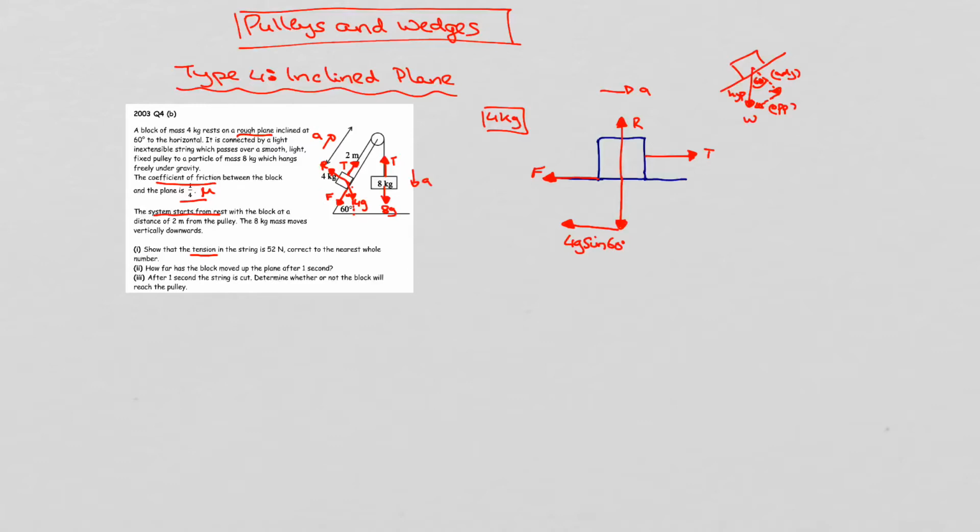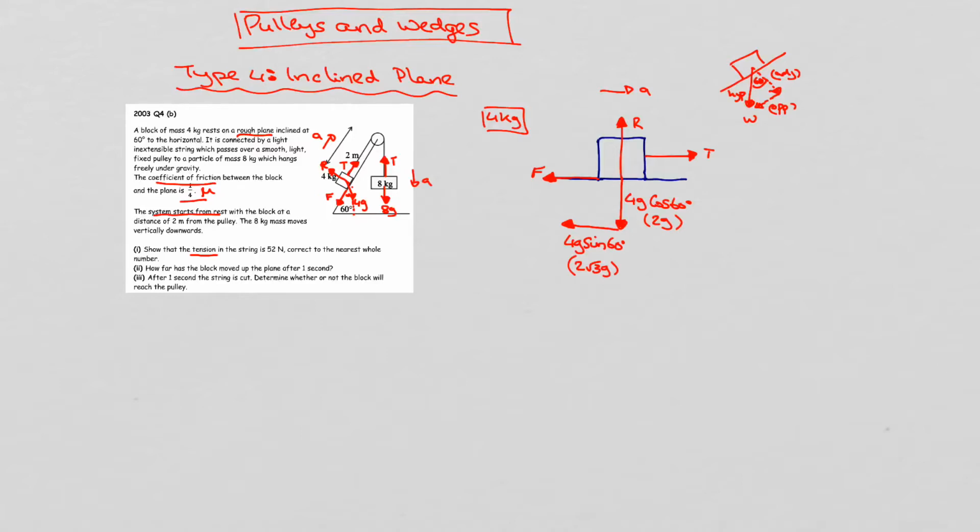And then the adjacent, well, cos theta is equal to the adjacent over hypotenuse, and therefore the adjacent is equal to the hypotenuse times cos theta, where the hypotenuse is the weight, 4g, times cos 60. And of course, cos 60 is a half, so therefore that can be written as 2g. And sine 60 is root 3 over 2, so root 3 over 2 times 4g gives me 2 root 3g.